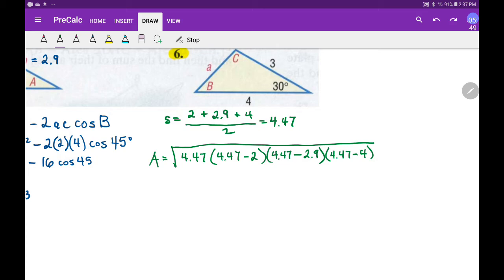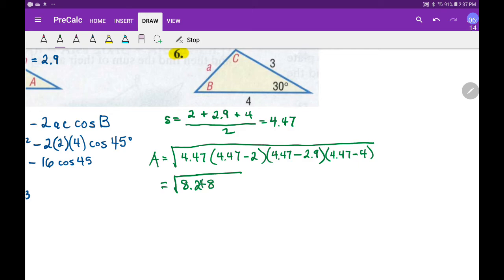So I got about 4.7 times 1.57 times 2.47. And then times S itself, 4.47. And I get about the square root of 8.24, we'll call it 8.